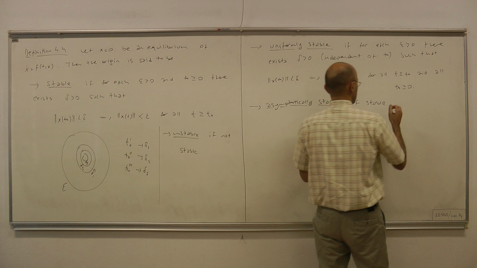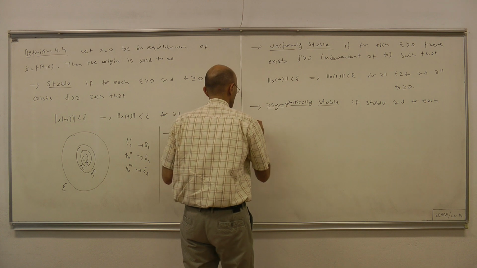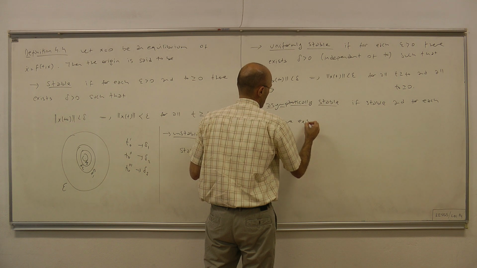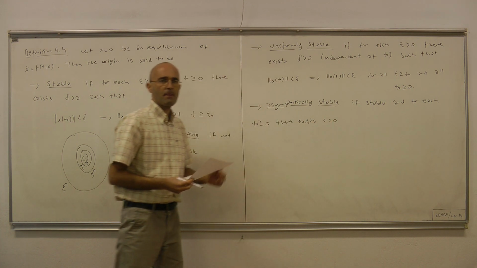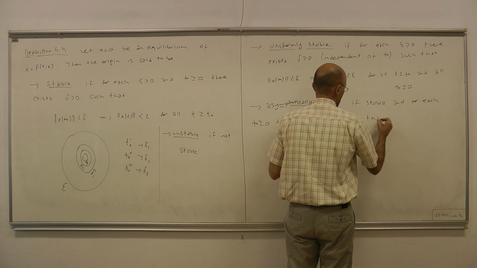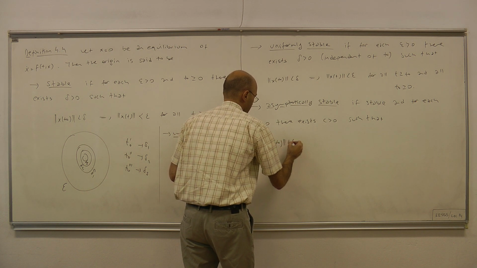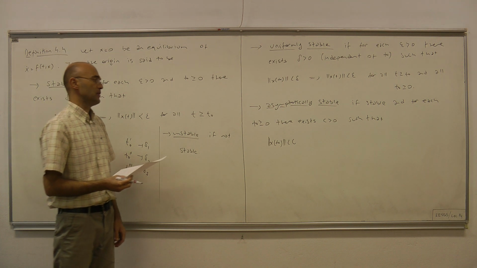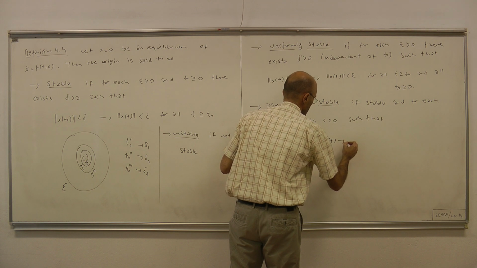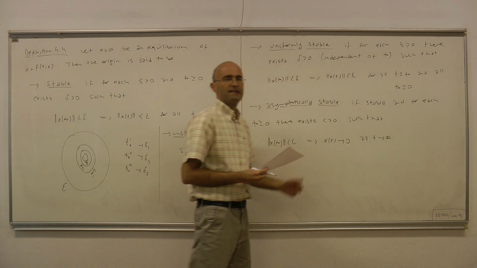If stable and for each initial time t0 there exists some constant c such that if the initial distance is no larger than c, then you are guaranteed to converge to the origin as t goes to infinity.